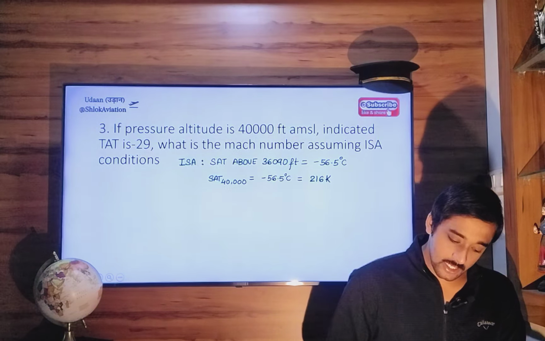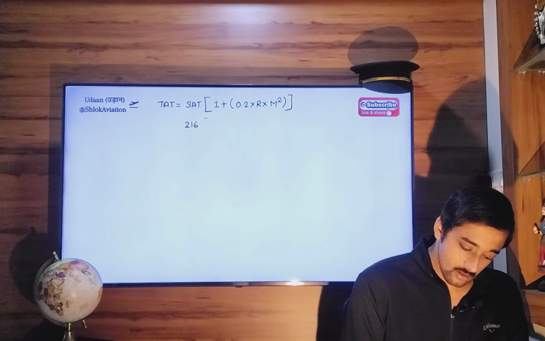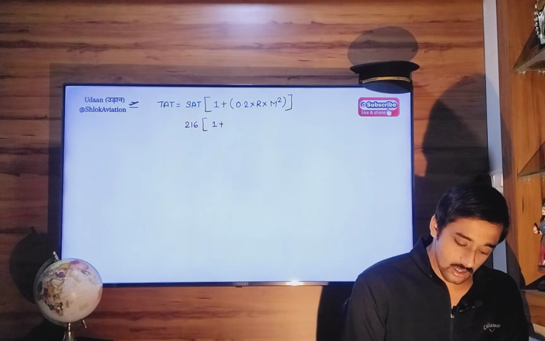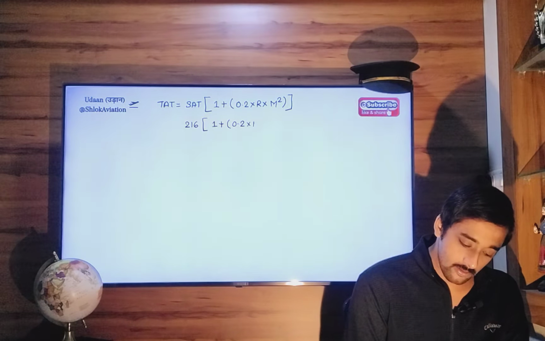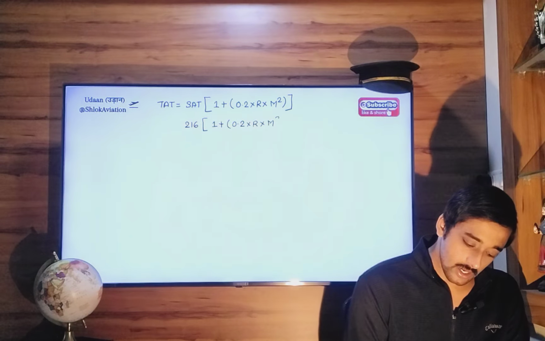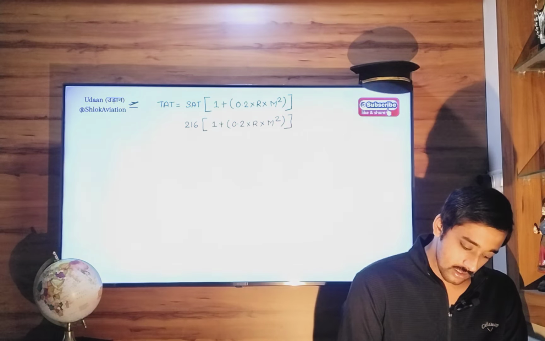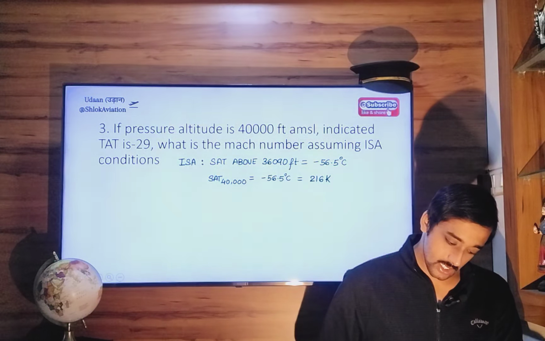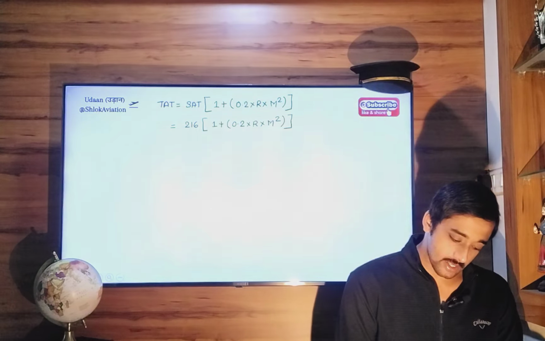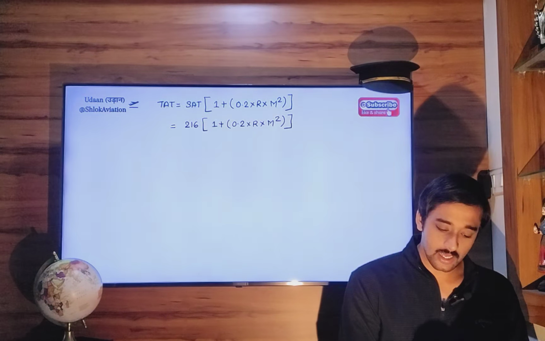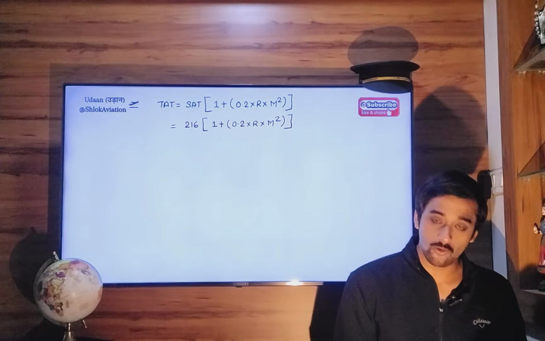So static air temperature 216, 1 plus 0.2 into recovery into Mach number square. Total air temperature is minus 29. So minus 29 plus 273 is 244 Kelvin.